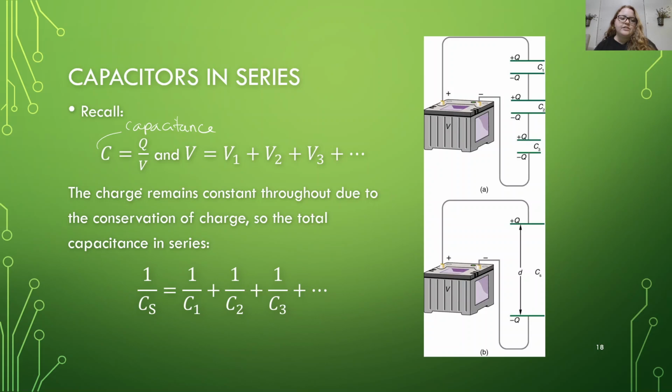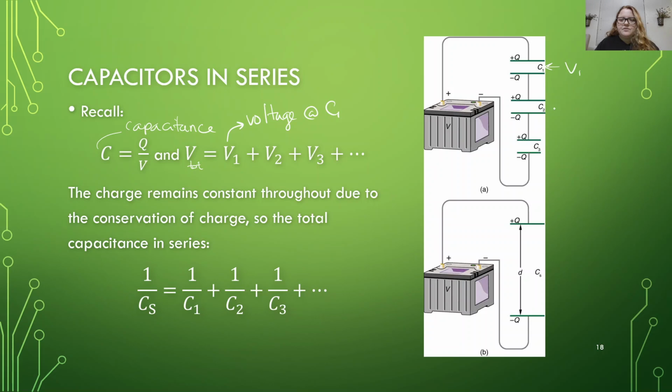And in series for capacitors, I should say, the total voltage is equal to all of the individual voltages across each of the capacitors added up. So voltage at C1, say. Okay, say C1 is right here.